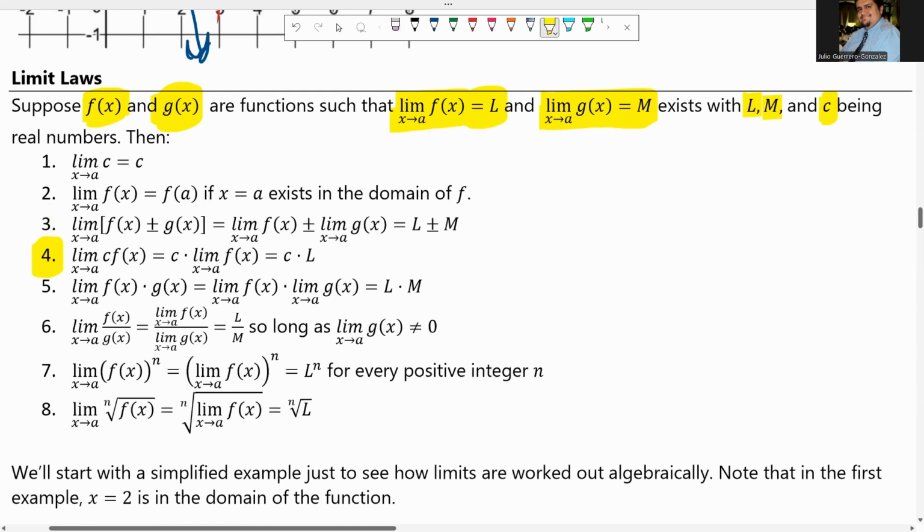If you have a constant times a function, you can pop out the constant and then do the limit as x approaches a of f of x, and that is equal to the product of c and that value L. If you have the limit of a product, you can break them up into the product of limits, and it's going to be L times M. Now, I got to preface this one.